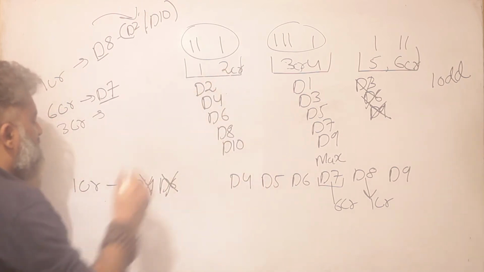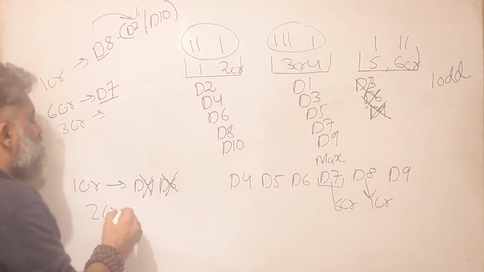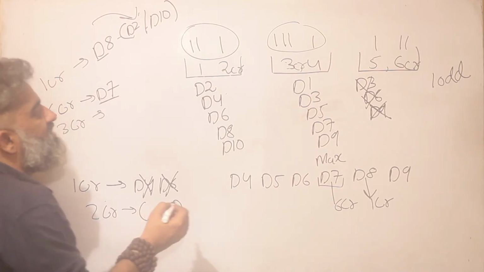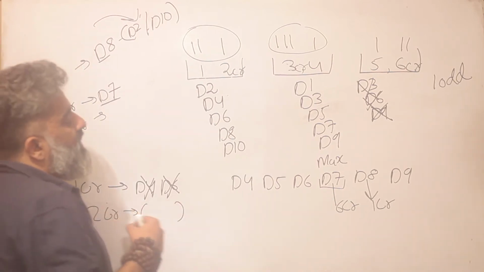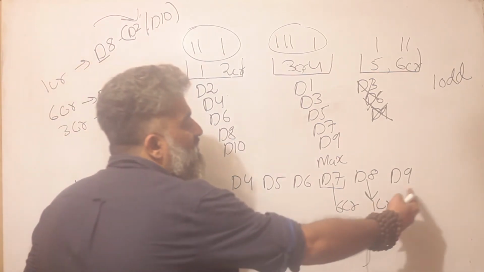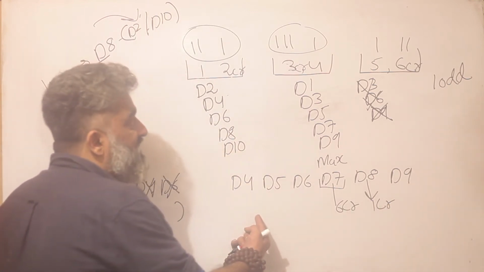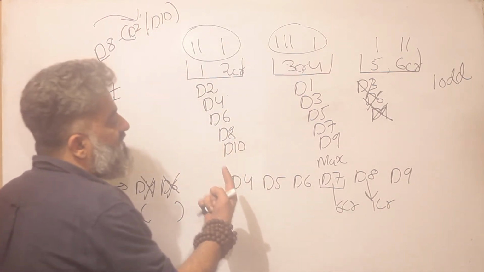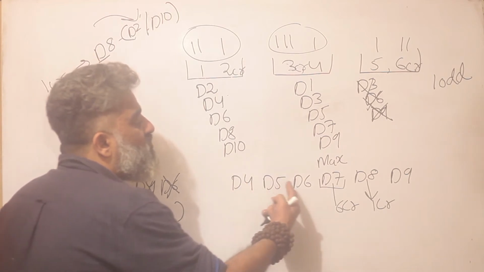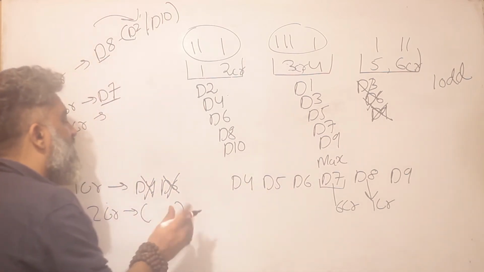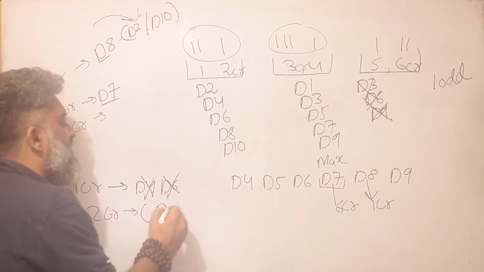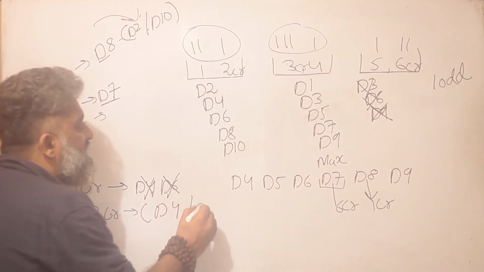Now let me observe the 2 crore scenario. For 2 crore, I know I have a single DOM. And I know that 2 crore also has to show up in this category and can only be an even number, and I'm left with only D4 or D6. So if I think of the 2 crore category, it will be either D4 or D6.